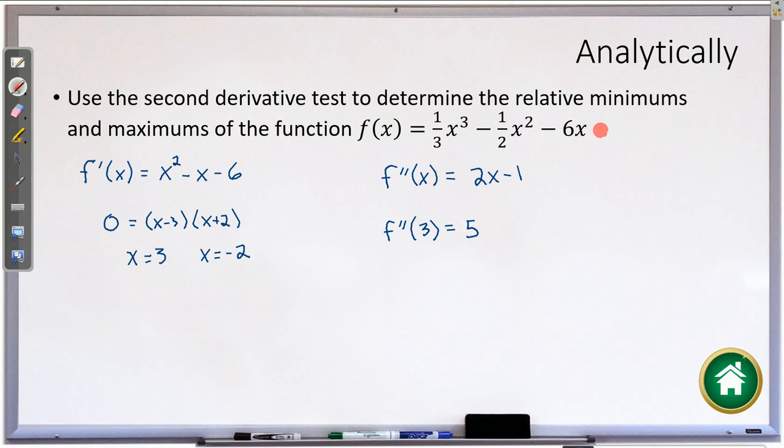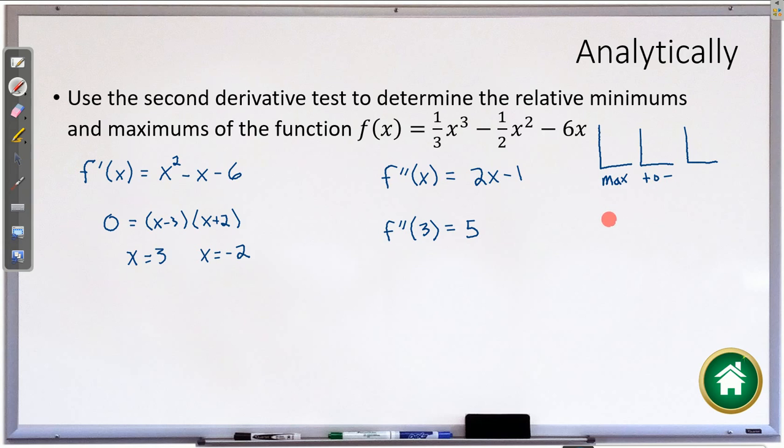Well, over here, I'm going to draw our 3 graphs again. Okay? Well, if we have a maximum, the first derivative test tells us the derivative is going from positive to negative, with a 0 in between.